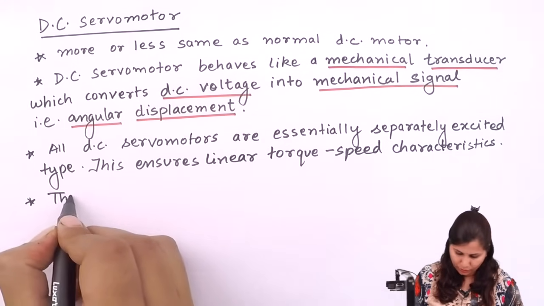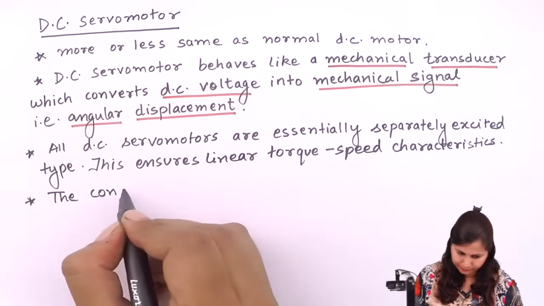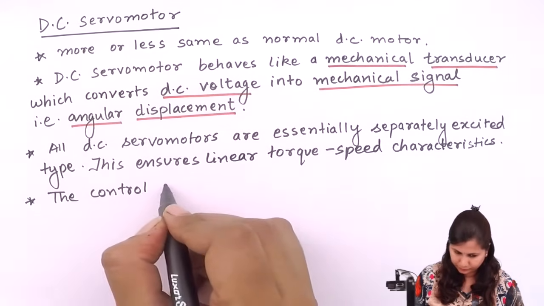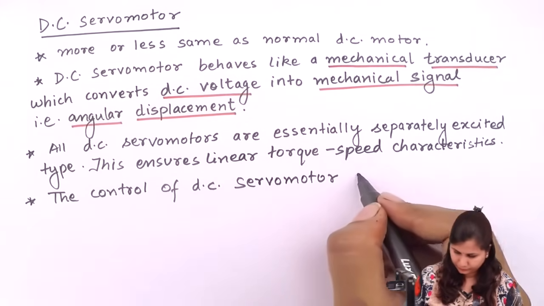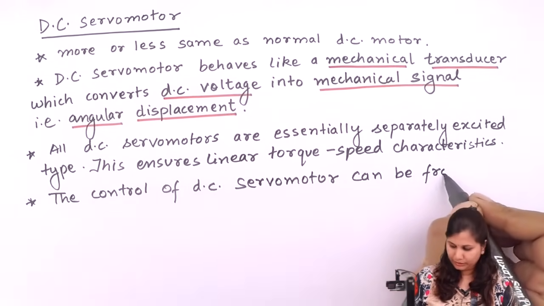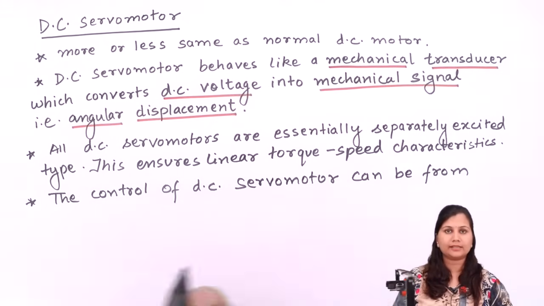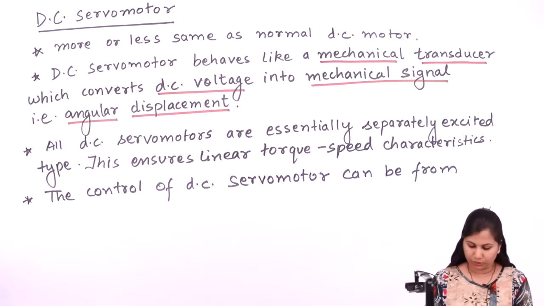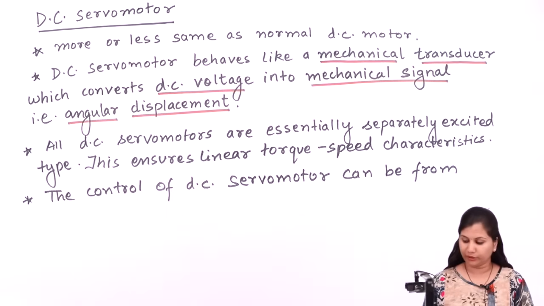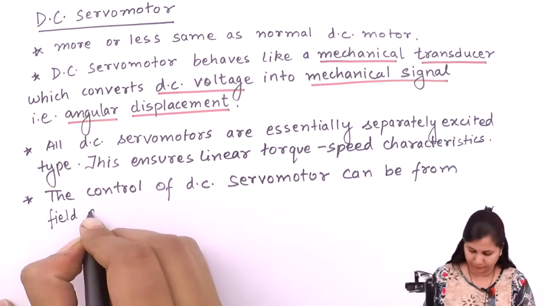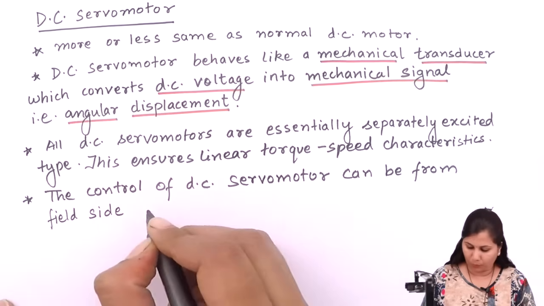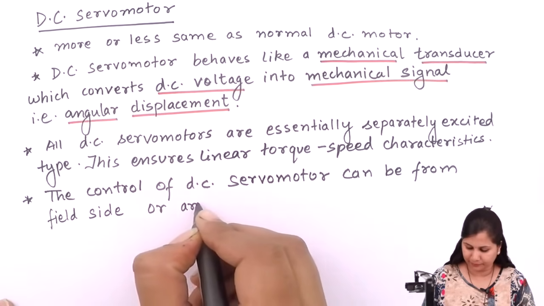Now the control of the DC servo motor, that is, how we are controlling the DC servo motor. The control of the DC servo motor can be from the field side or the armature side.